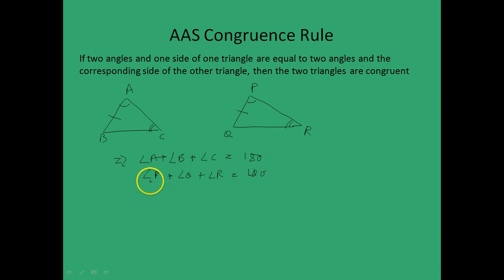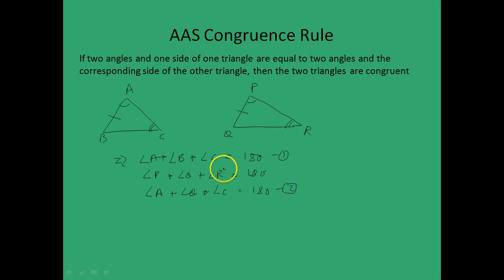Now, because angle P is equal to angle A and angle R is equal to angle C, replace angle P and angle R in this equation and rewrite. We have angle A plus angle Q plus angle C is equal to 180 degrees. Let's name this 1 and name this 2.